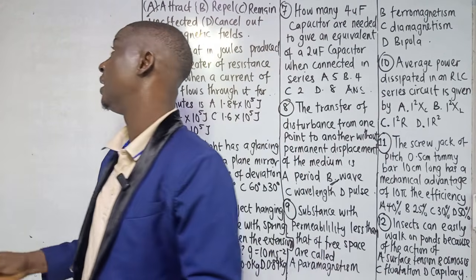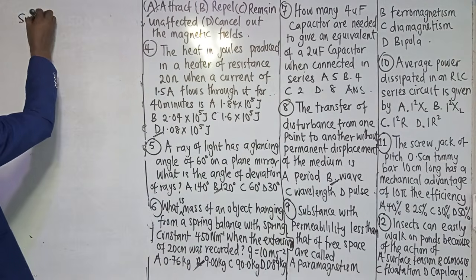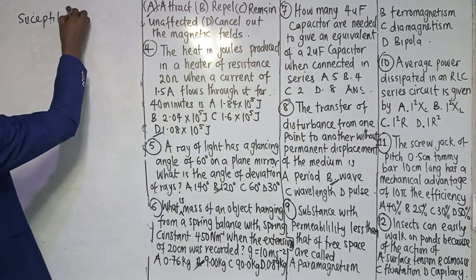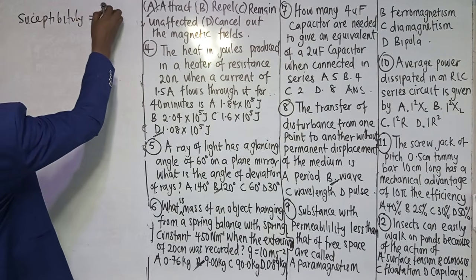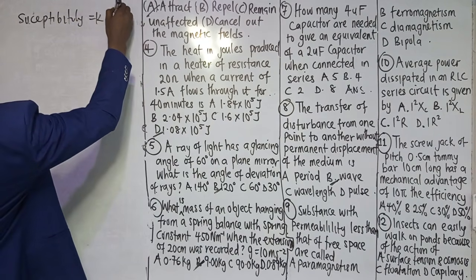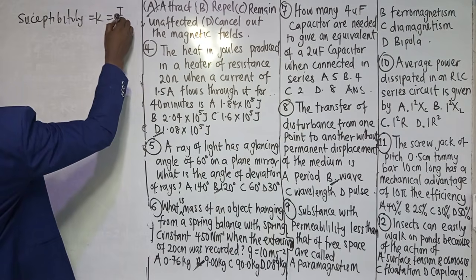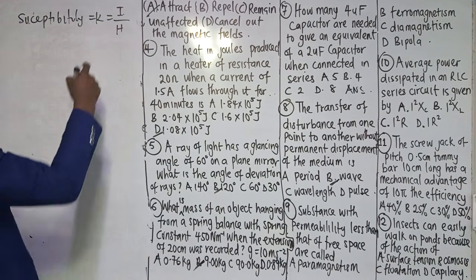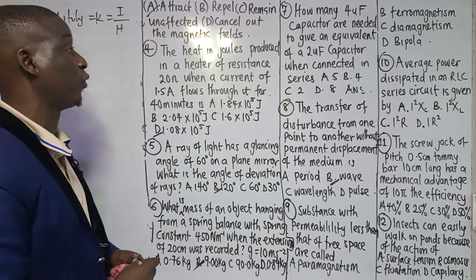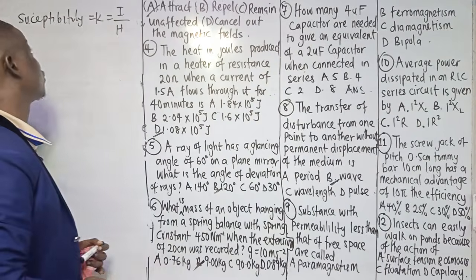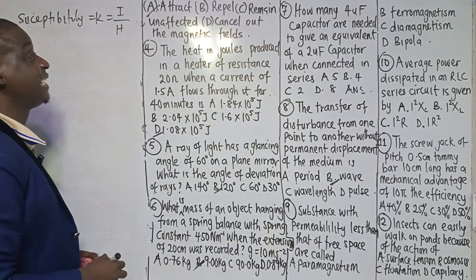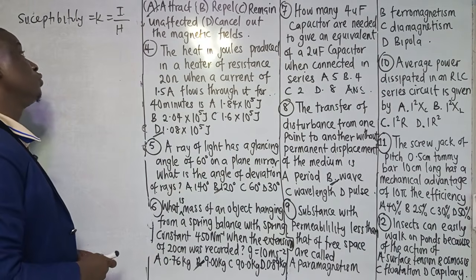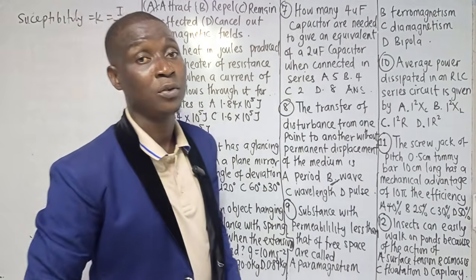Now, don't forget, susceptibility K is equal to I over H, which is intensity of magnetization divided by magnetizing force. So that is what we call susceptibility, the ratio of intensity of magnetization to magnetizing force.